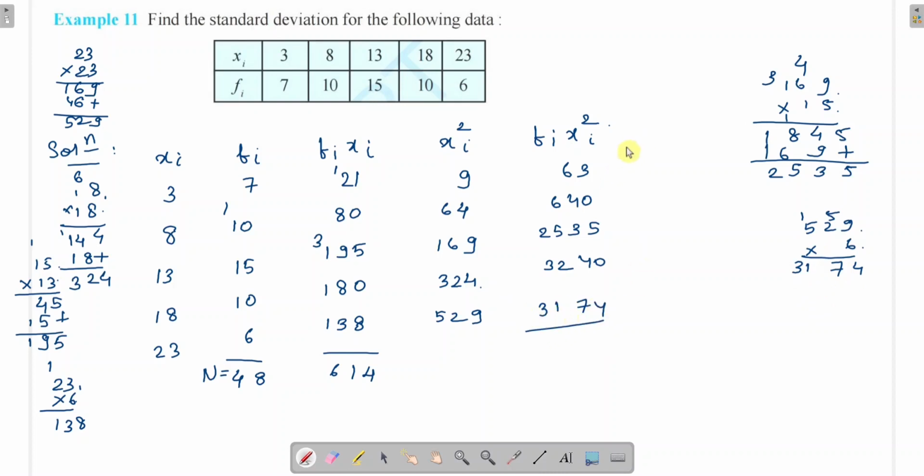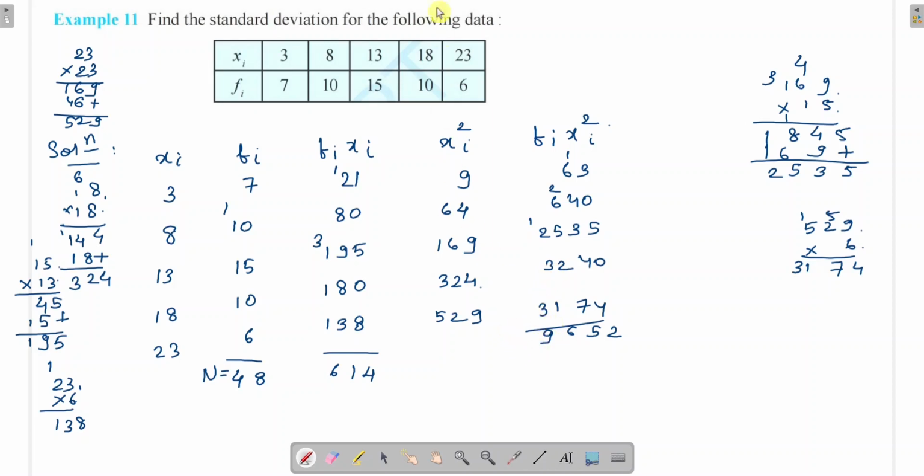Let us calculate the sum here: 63 plus 640 plus 2535 plus 3240 plus 3174.